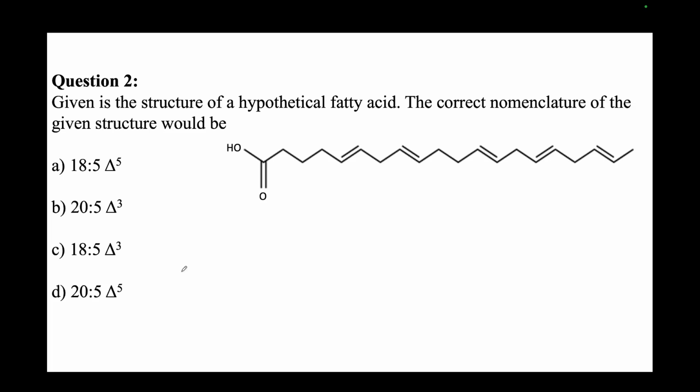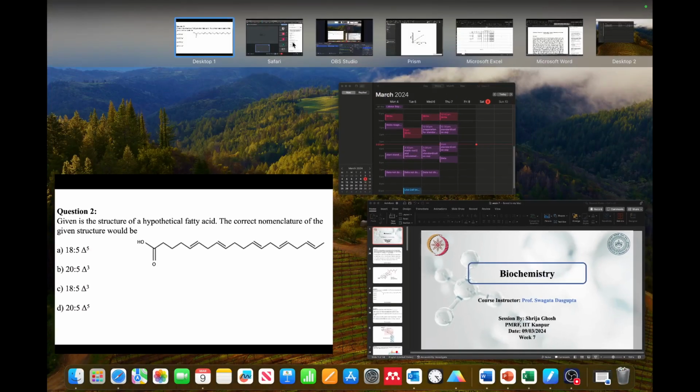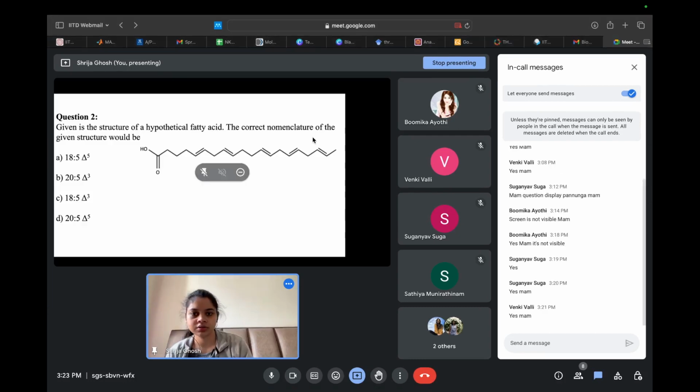Even if you are not able to answer it correctly, I want everyone to guess once, because these type of questions are actually calculative. So if you don't try it, you won't learn how to write the names. So everyone try to answer.